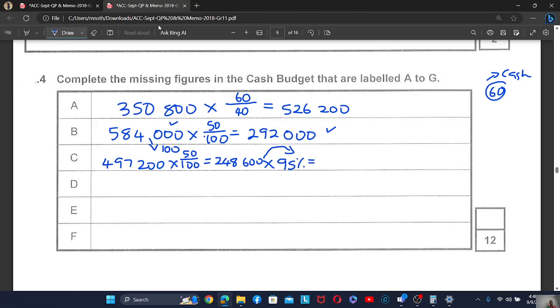How much is this? 236,170. So these are the payment to creditors. Oh, okay. That's a shorter way to do it.